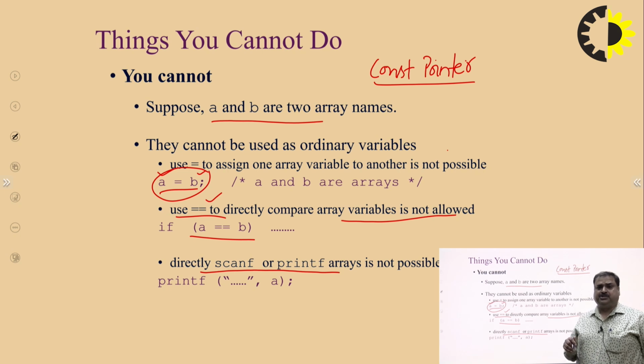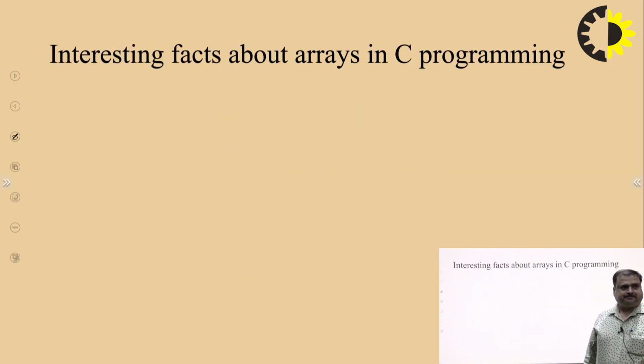So in that situation, what do we need to do? We have to use a logic, a loop construct, for displaying or traversing each element of the array. We cannot directly use scanf for the complete array.